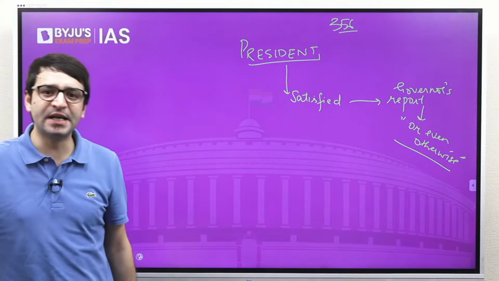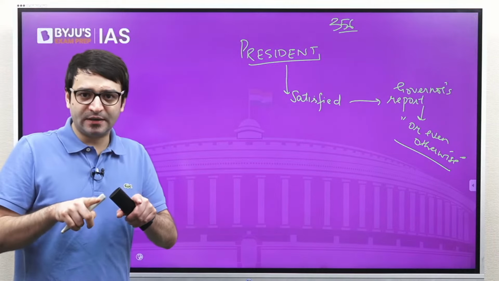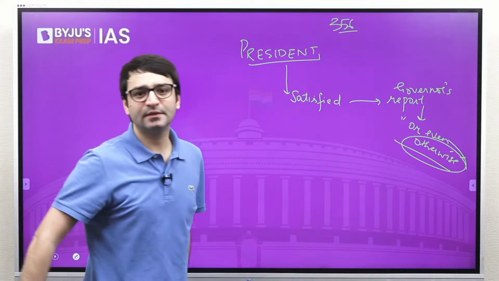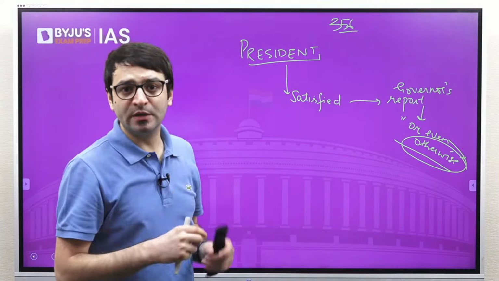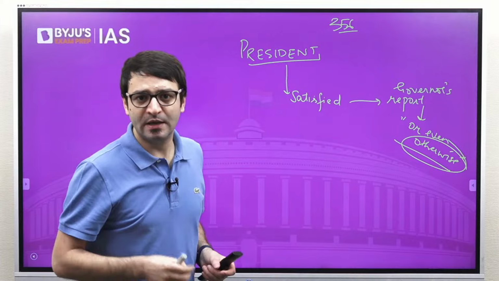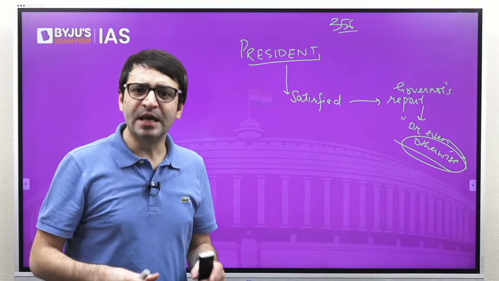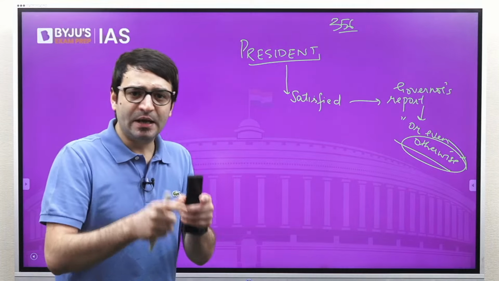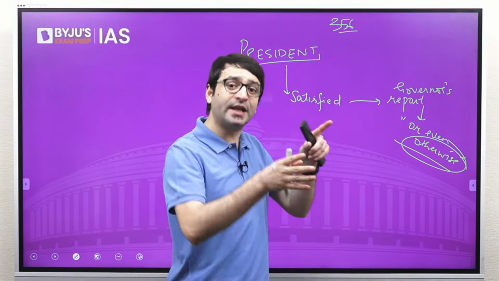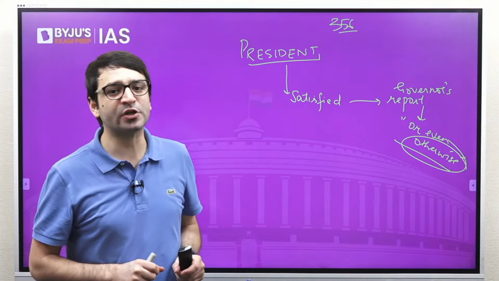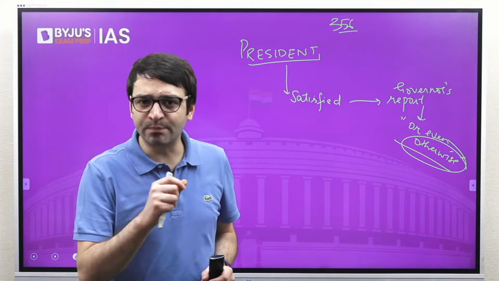What is Article 356? If the president is satisfied, based on the report of the governor or even otherwise, that means there can be a different report. Maybe the report from a high court, maybe the report from intelligence, maybe the report from external intelligence. If the president is satisfied, based on the report of the governor or even otherwise, that there is a breakdown of constitutional machinery in a state, then what the president can do?